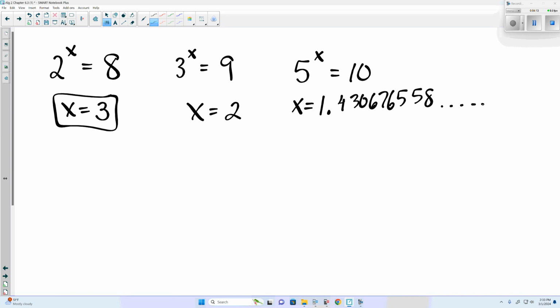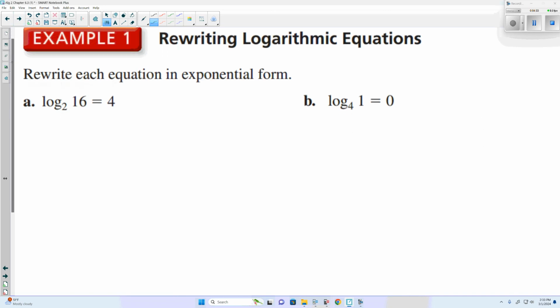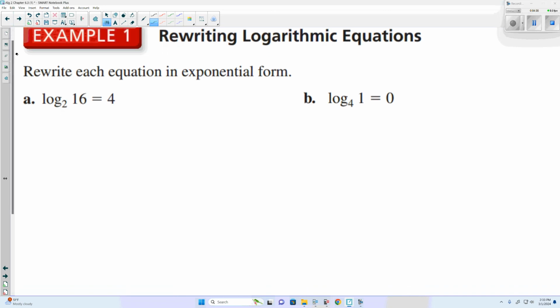And this is where logarithms are helpful in solving these where it doesn't work out nicely. Because if we wanted to solve the others, we could say that this is 2 to the third. This is 3 squared. But we can't do any of that with 10.